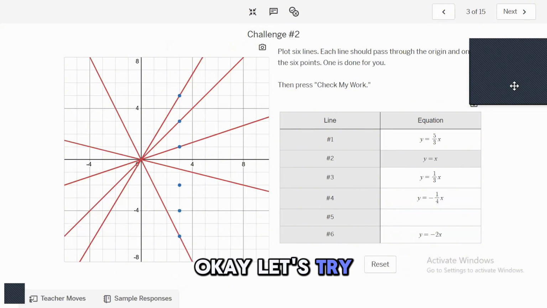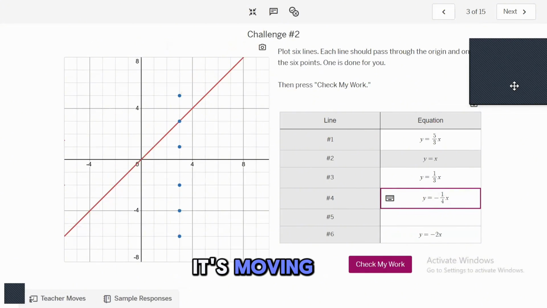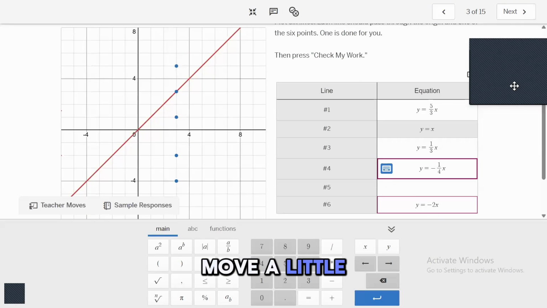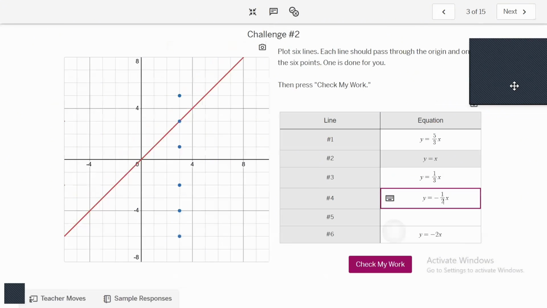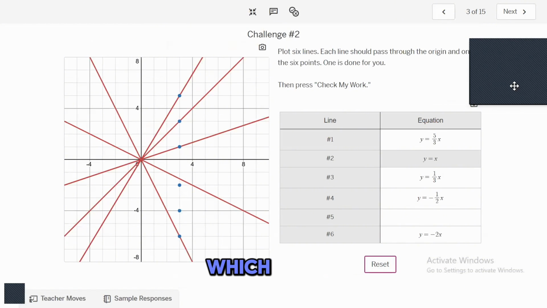Okay, let's try 1/2. But it's moving, and I wanted it to move a little quicker. Almost. So, negative 1. Which one did you say?